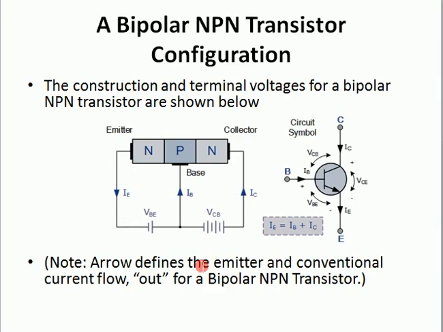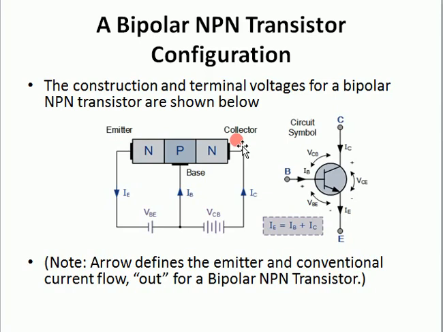Here I have told you that basically there are two junctions. One is present between emitter and base, and the other one is present between collector and base. We are discussing here the common base configuration. So let's suppose this is the emitter junction and this is the collector junction. Now these junctions will decide whether it will work as an amplifier or as a switch.